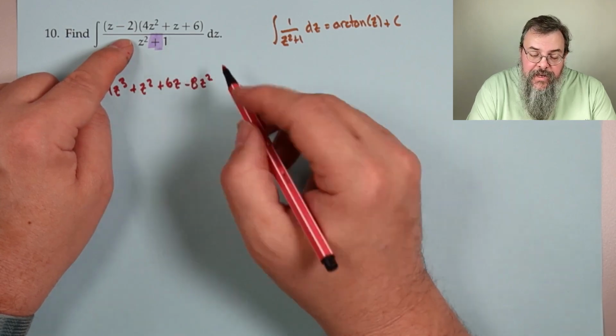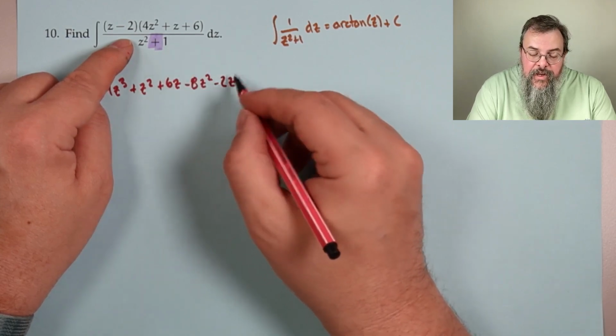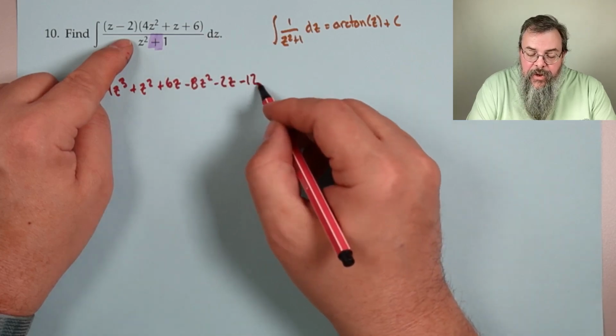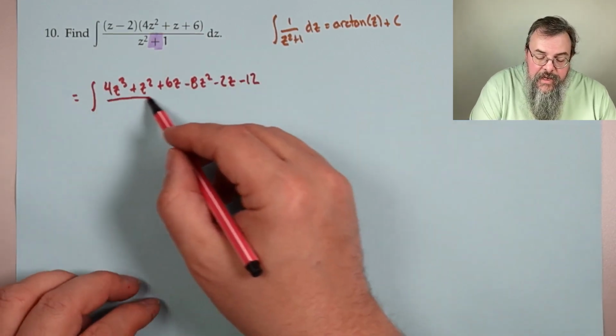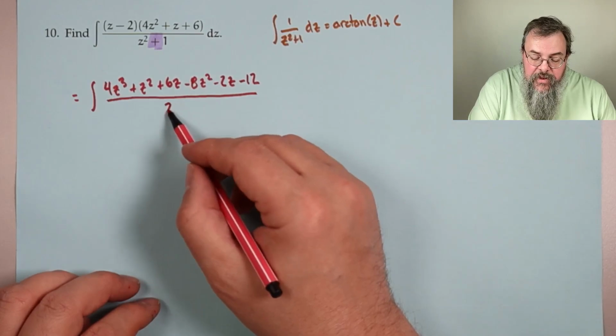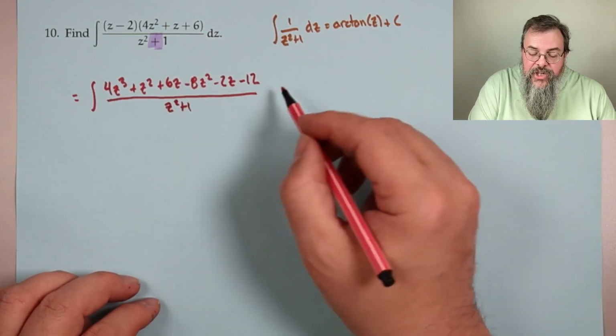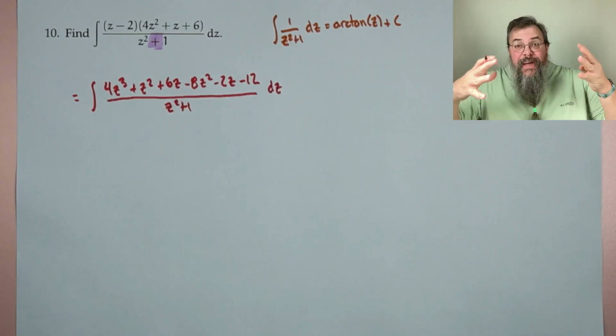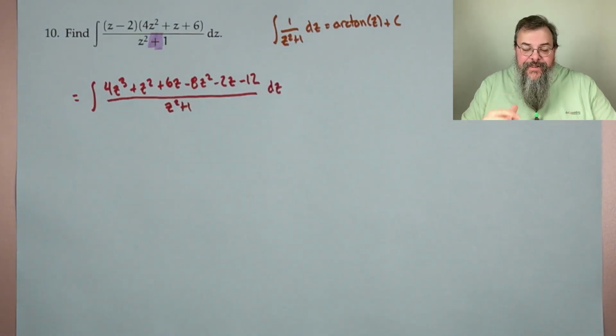Minus 2 times z, minus 2z. Minus 2 times 6, minus 12. All of that's the upstairs. Downstairs hasn't changed. And there we go. So we've expanded. Now we'll gather.